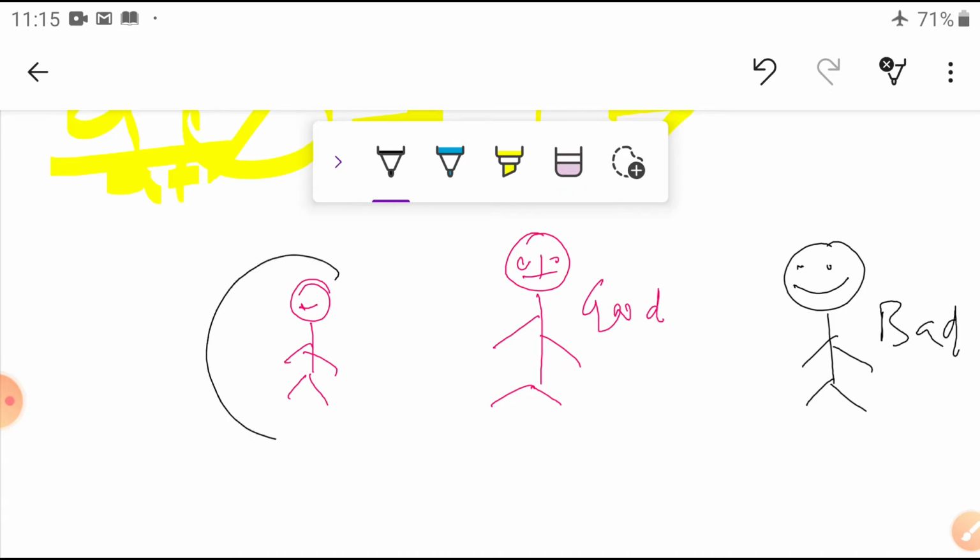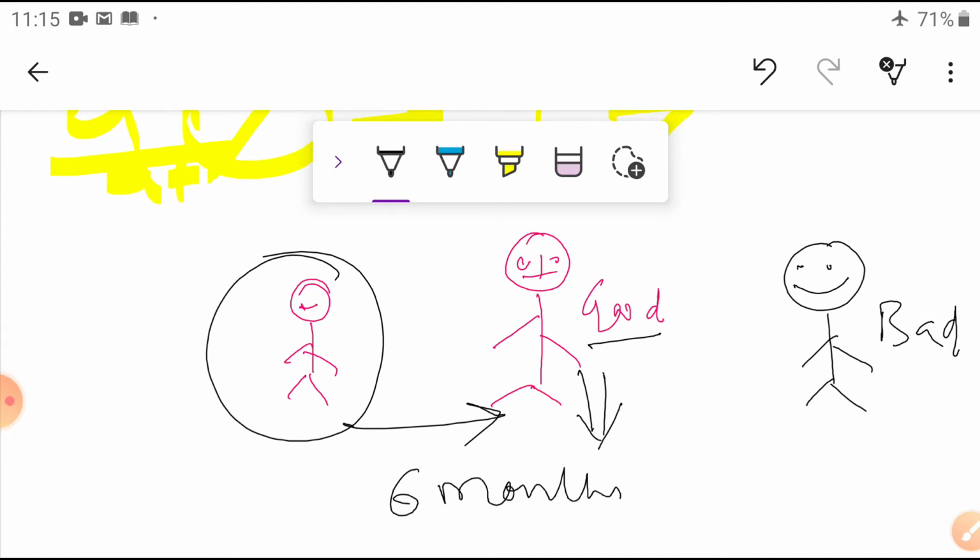Now if this new person makes friendship with the good person, what are the qualities of the good person? Maybe within 6 months he picks them up. But the good person never says, you do this, you do this. By simply following, staying close and being friends, he gets some qualities from the good person.